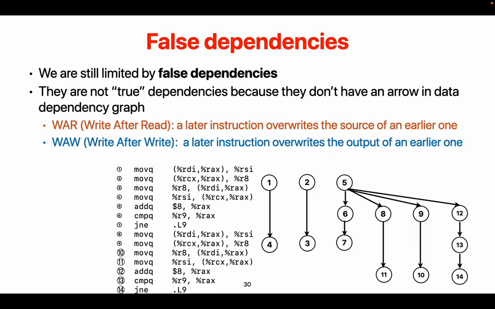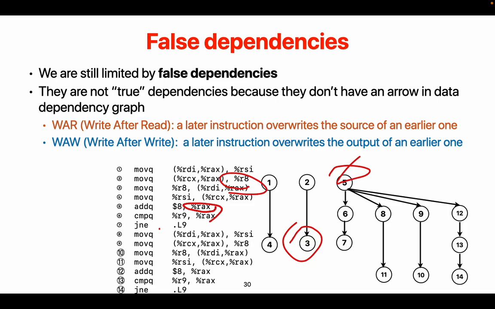But for instructions like 3 and 5, it's simply because instruction 3 is using a register that instruction 5 will modify.